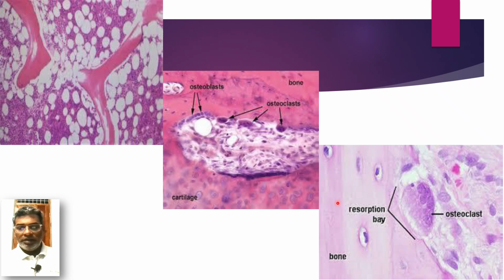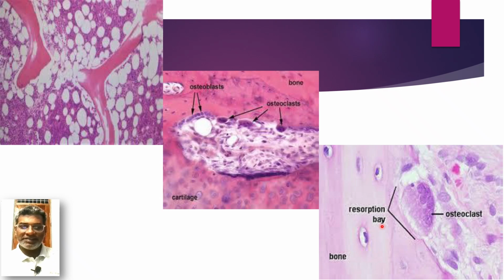Okay, and in this picture you can appreciate again these mononuclear cells, they are osteoblasts. Okay, and these multinucleated cells, they are osteoclasts. What are these cells?